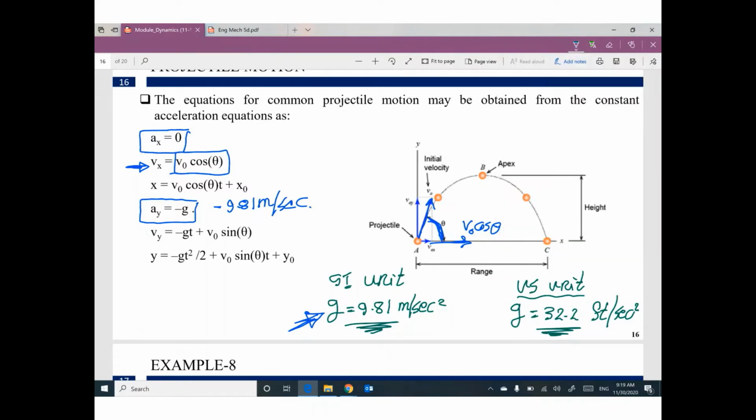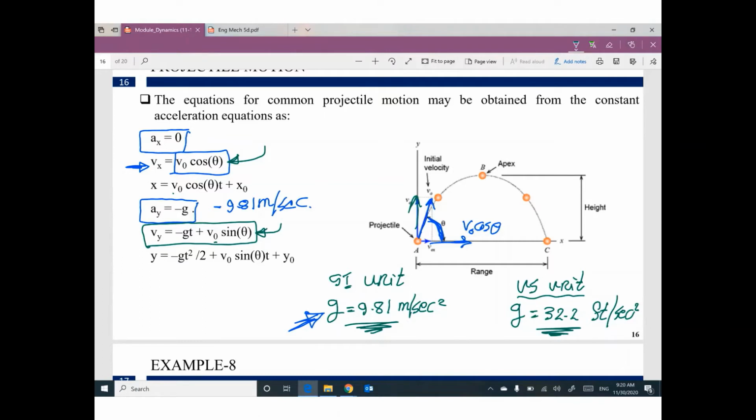The vertical component of velocity will be v naught sine theta, plus another term due to the effect of gravity equal to negative gt. So we have an equation for horizontal velocity and another equation for the vertical velocity component.